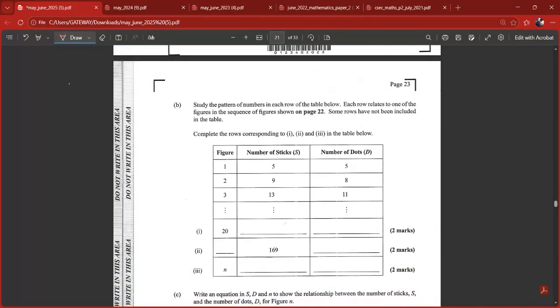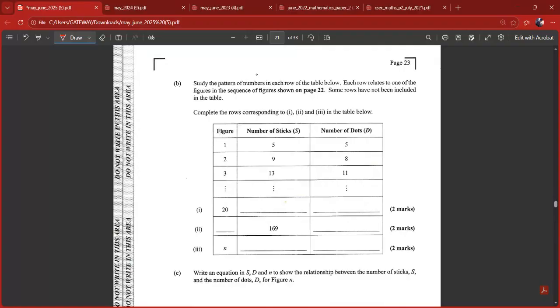Now part B, this says study the pattern of numbers in each row of the table below. Each row relates to one of the figures in the sequence of figures shown on page 22. Some rows have been included in the table below. Figure 1 has 5 sticks and 5 dots. Figure 2 has 9 sticks and 8 dots.